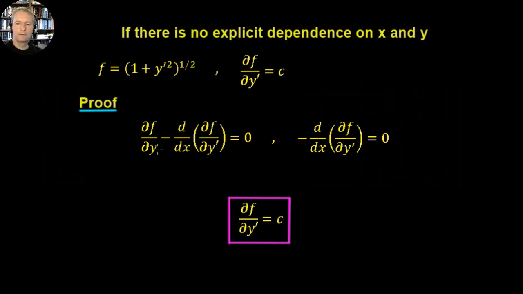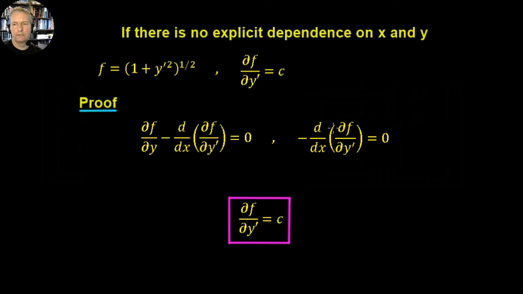So if we were to write the Euler-Lagrange equation down, which is rewritten here, we know that there's no dependence of f on y, so there's no explicit dependence on that, so we can just get rid of this first term, and we'll simply be left with this term here. But we know that whenever we differentiate what's inside this bracket, we get a value of 0.